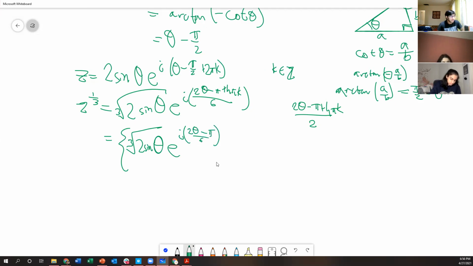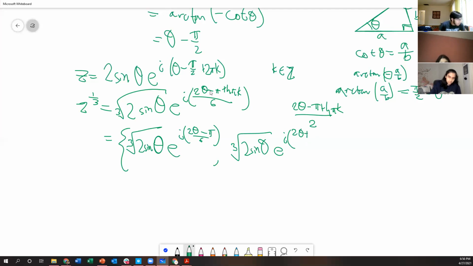That's the first solution. Second solution, once again, you just plug in k equals 1. You're going to get cube root of 2 sine theta times e to the... If I plug in 1 here, I'm going to get 4 pi. 4 pi minus pi is 3 pi. So I'm going to get 2 theta plus 3 pi. No, I did that wrong.